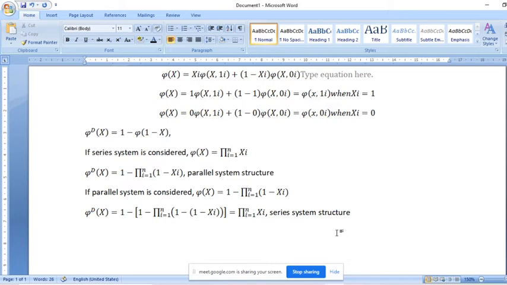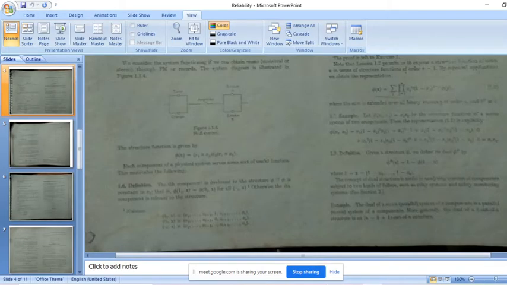These are the examples. This is the definition of dual structure: phi d of x equal to 1 minus phi of 1 minus x. The dual of a series system is a parallel system, and the dual of a parallel system is a series system. Similarly, we can find the dual of any system. That is the usual procedure.